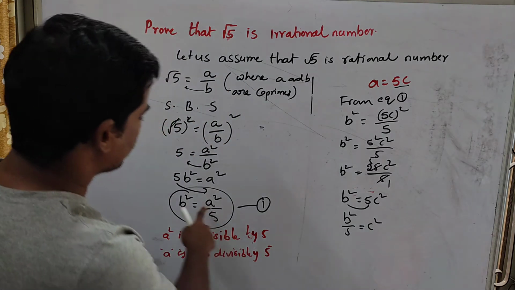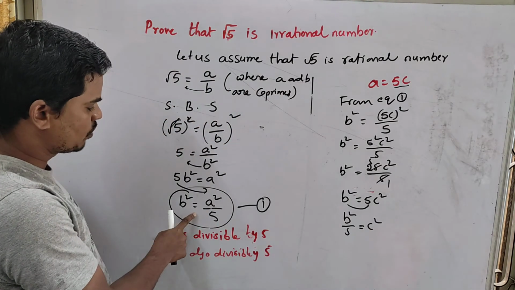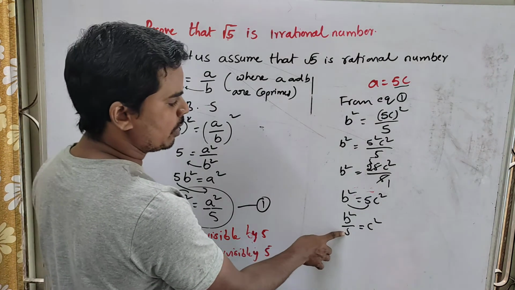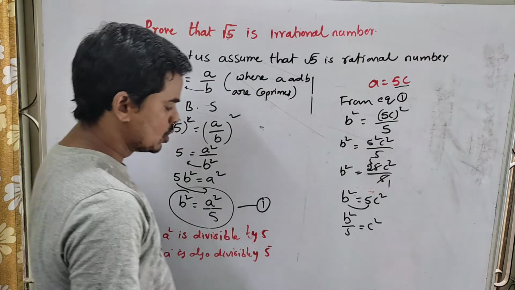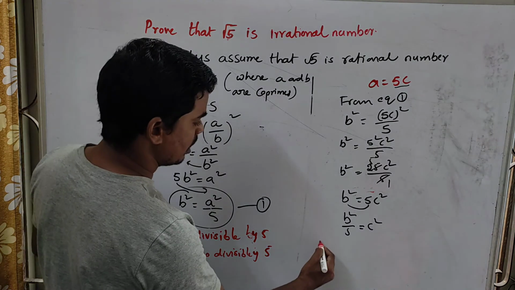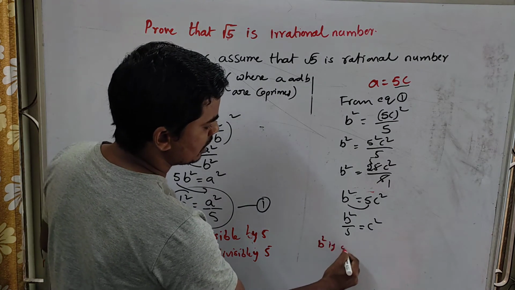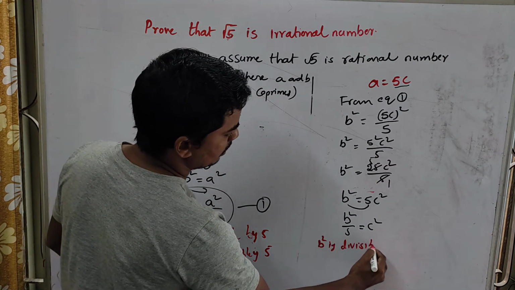Look students, again we got the same statement as the previous one. b square is divisible by 5, since it is equal to c square. So we can write a statement here: b square is divisible by 5.